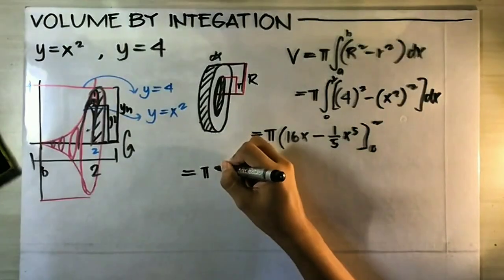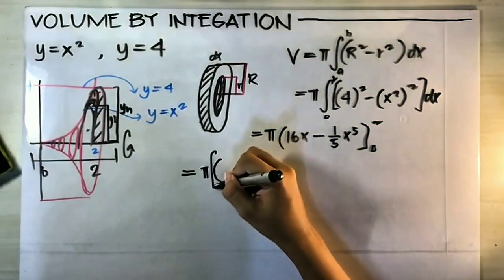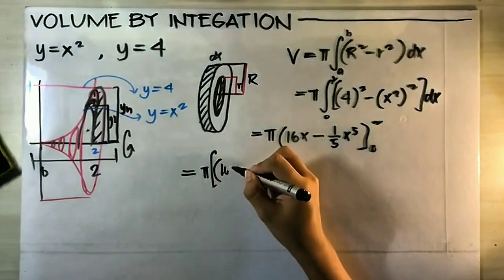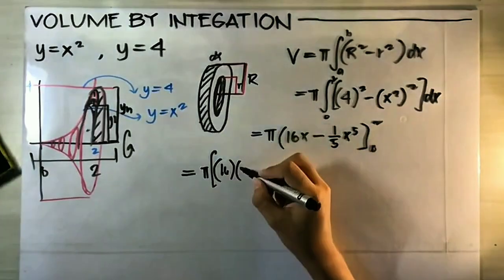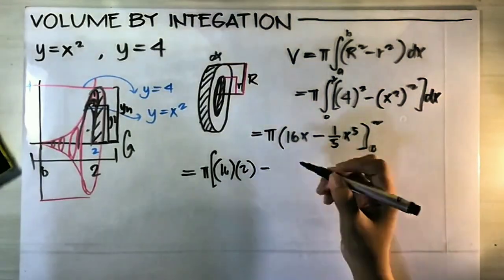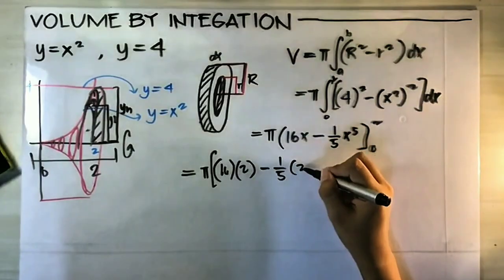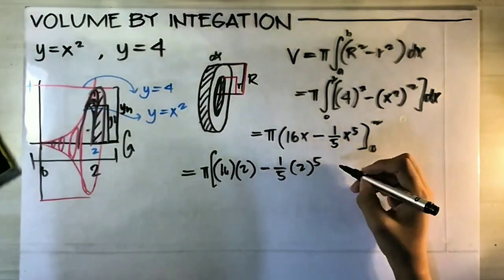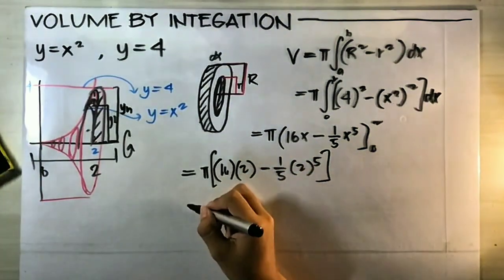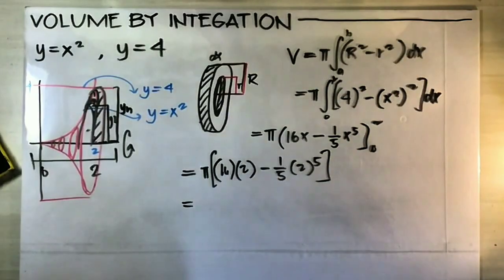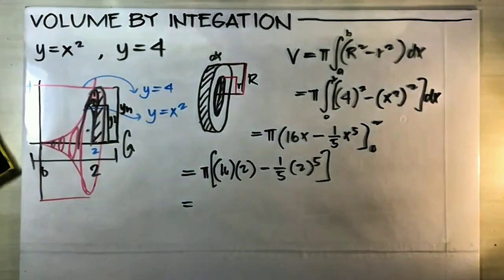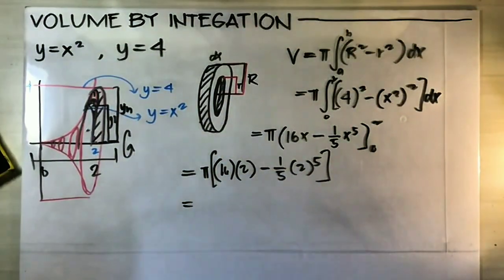So pi times 16 times 2 minus 1/5 times 2 to the fifth. So let's use our calculator. 16 times 2 minus 1/5 times 2 to the fifth power.